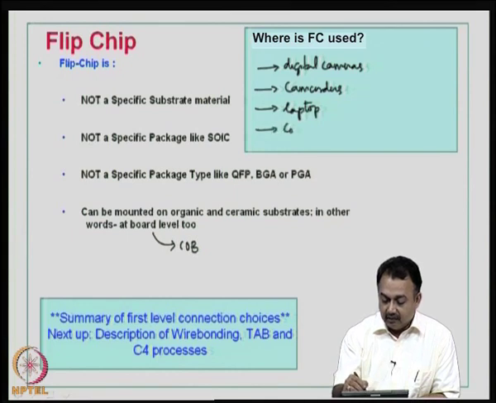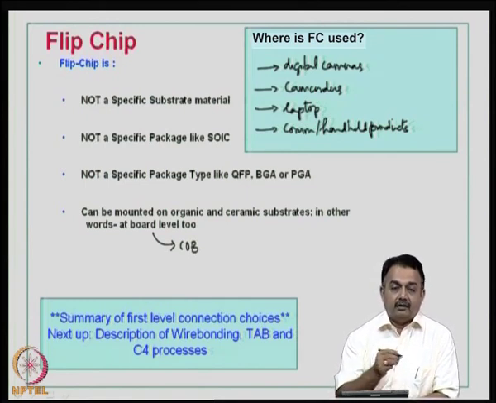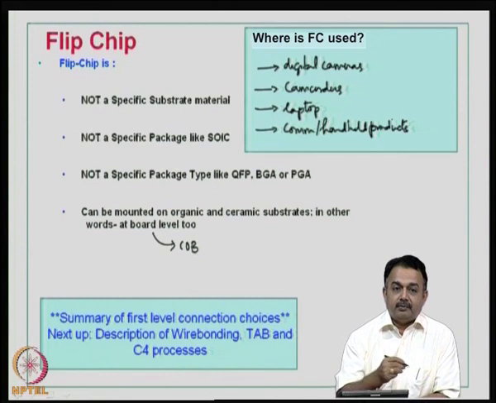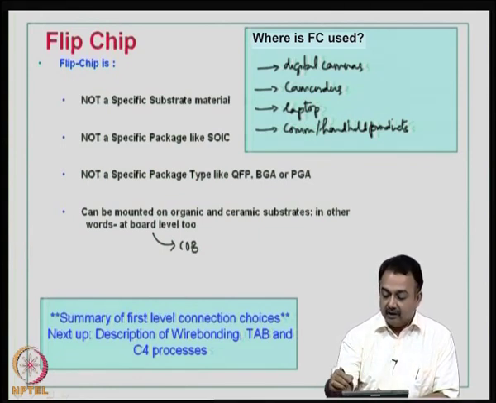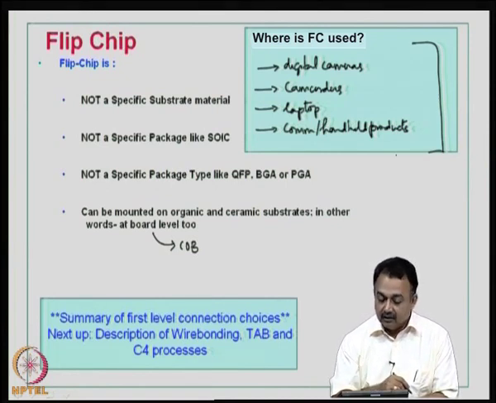It can be used in communication handheld products. Okay. So, flip chip combined with a BGA or a flip chip in a CSP format are the most favored package choices today for application areas in these various segments: cameras, camcorders, laptop, various handheld products.